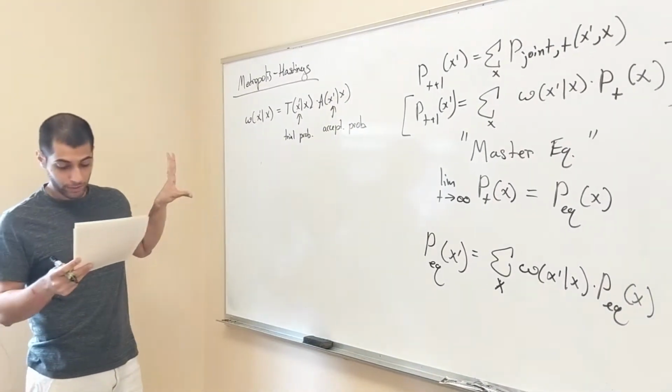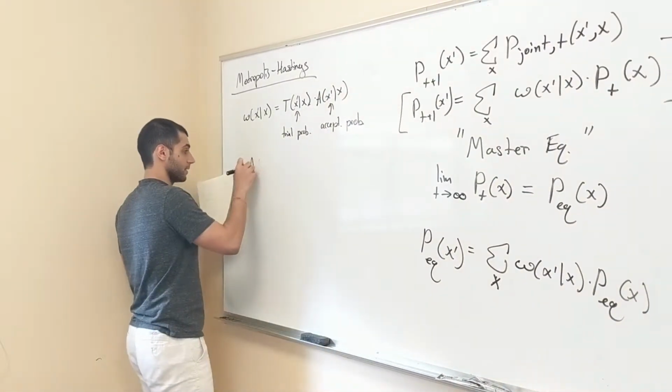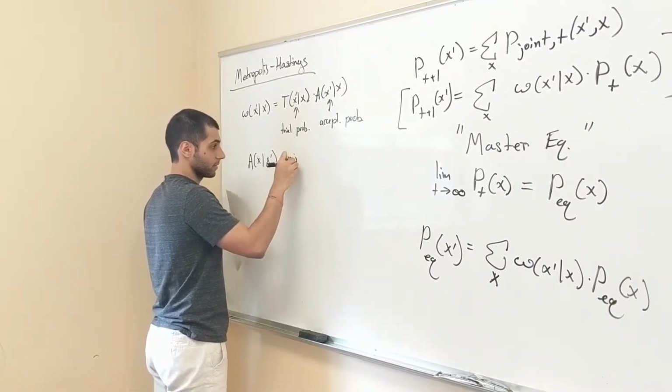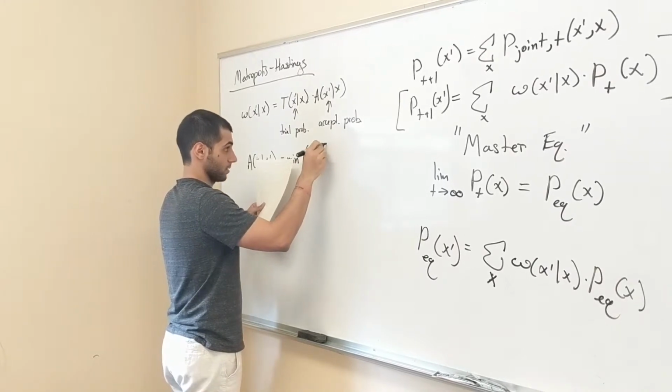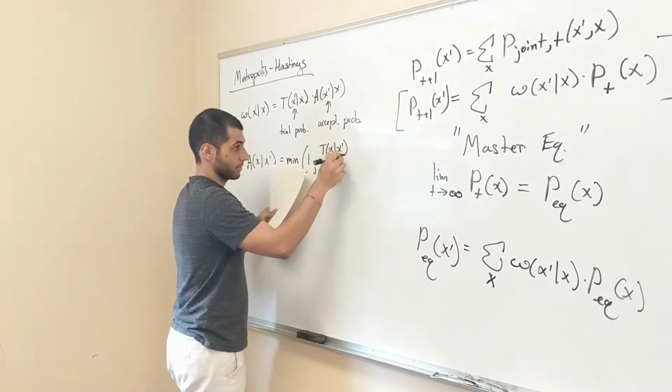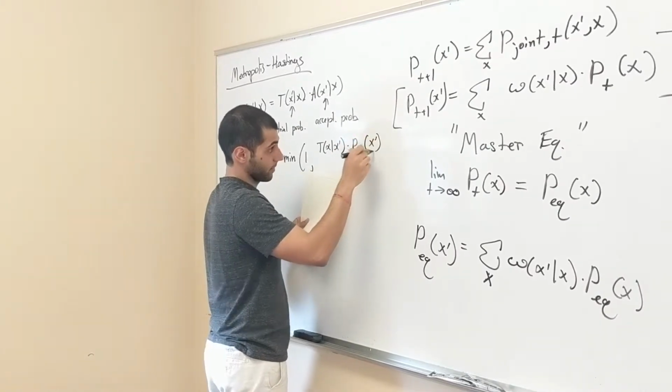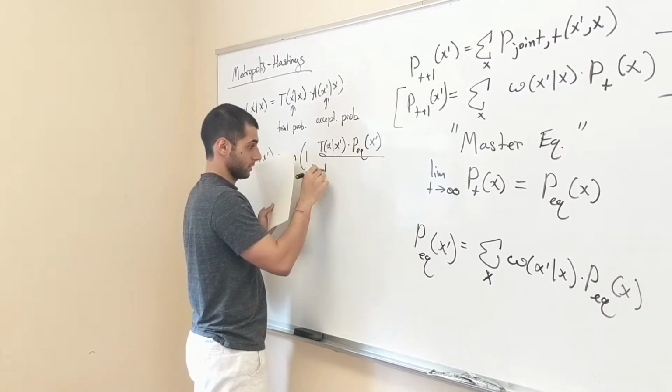Now, we can choose to have the acceptance probability equal to the minimum of 1 and the ratio of the equilibrium probability of x prime over that of x.